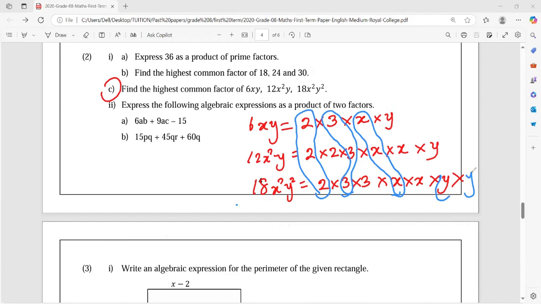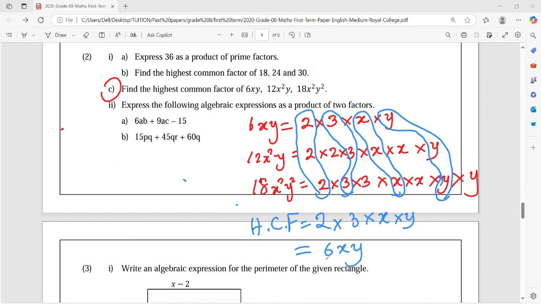We have this y, and this is y squared. Therefore, 2 into 3 into 3, x into x, y into y, and you can couple this y, this y, and this y. Right. Then your highest common factor will be 2 into 3 into x into y, which is equal to 6xy. Right? 6xy is the highest common factor of these three algebraic expressions.